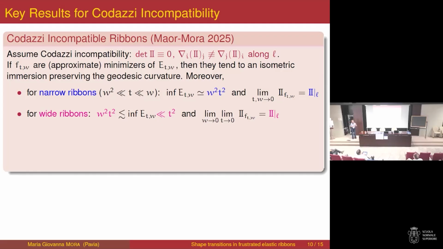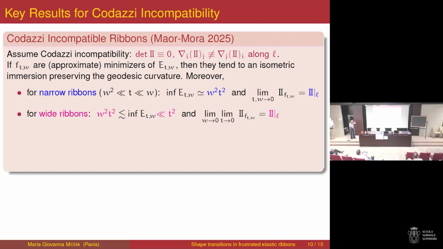First you see Gauss incompatibility, and then if there is Gauss compatibility, you can see Codazzi incompatibility. So it is a sort of higher order effect. So when I say that we assume Codazzi incompatibility, I mean that along the midline, the Gauss equation is satisfied.